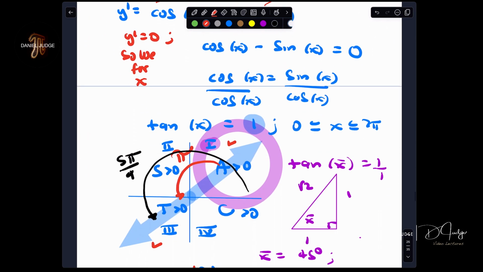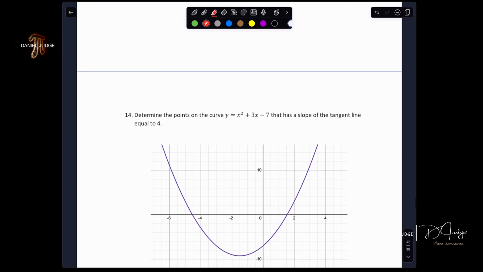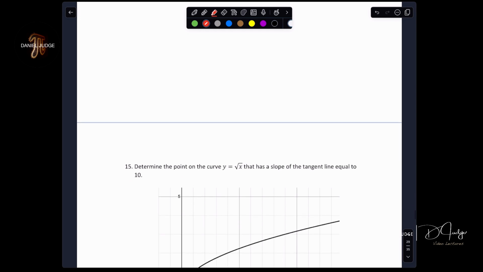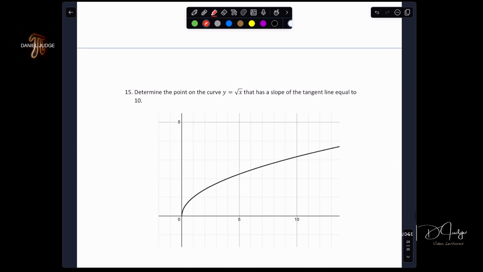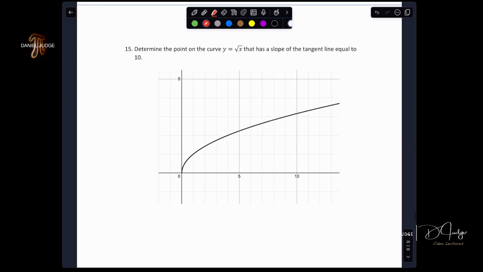And I think I'm going to double check the question. Let me see, do I have 15 here? Oh, this is a good one. Let's try 15. I don't know how many I have. What does it say? This is a different question.